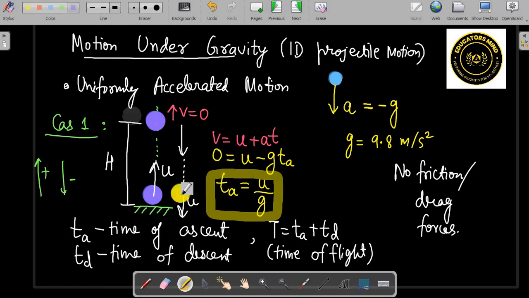It will have the same speed u. So time of ascent and time of descent are both equal to u by g.